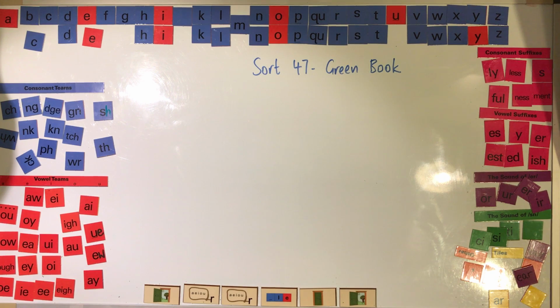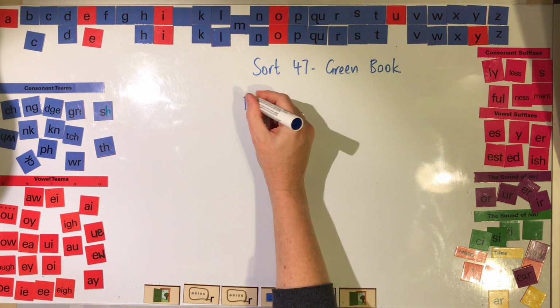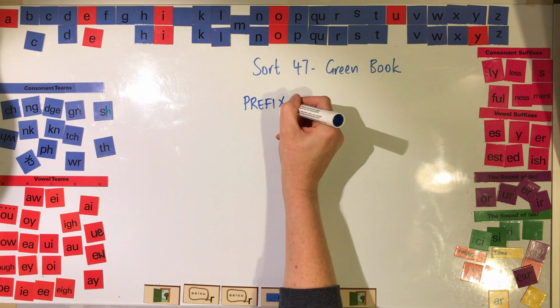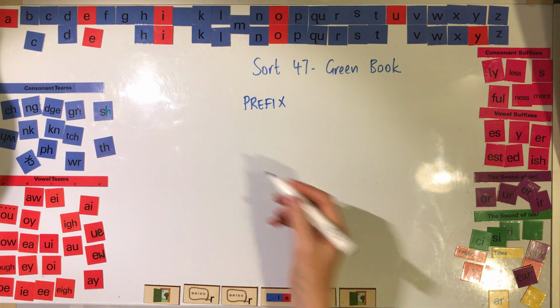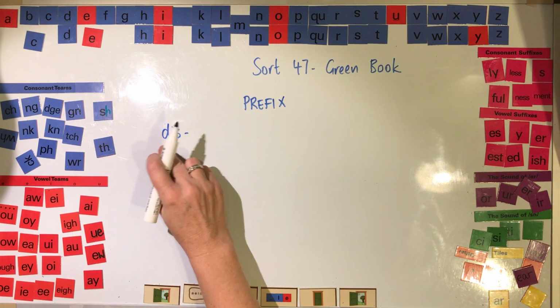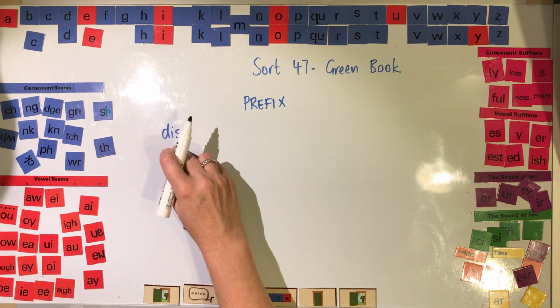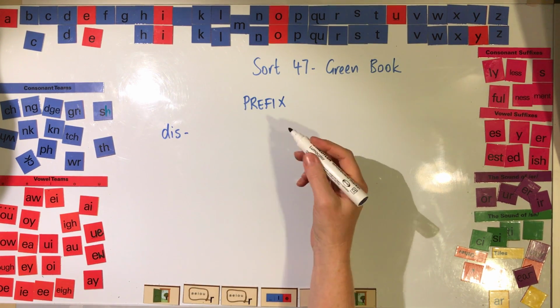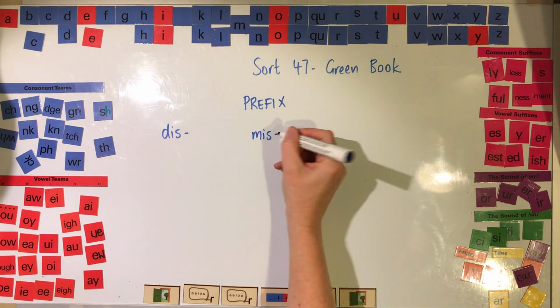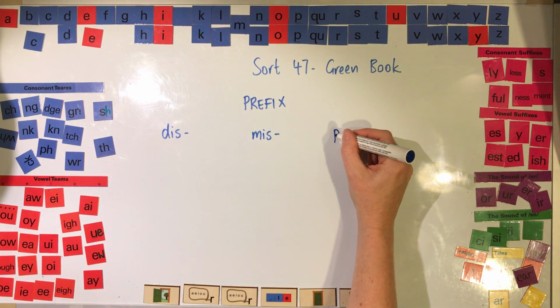Okay, so we are going to do our prefix list, and we're going to sort our words into dis, and then the dash shows that this goes before, and then the dash is kind of like the word. Miss and pre.